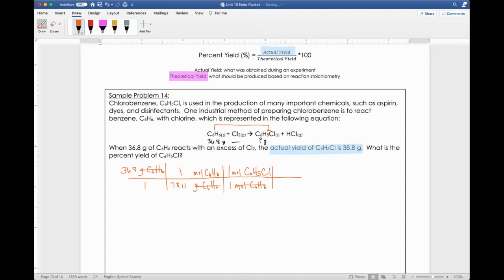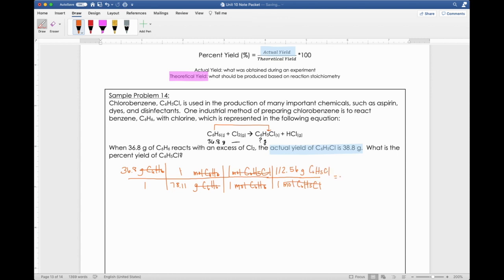So that cancels. And then let's go ahead and do moles of chlorobenzene, C6H5Cl. And the molar mass of chlorobenzene is 112.56 grams.